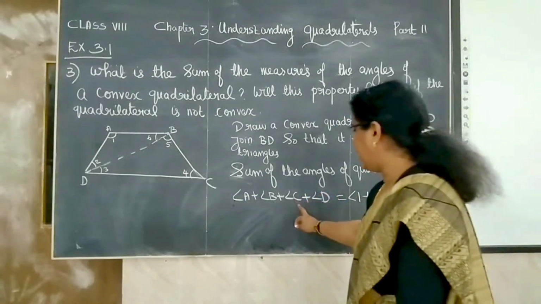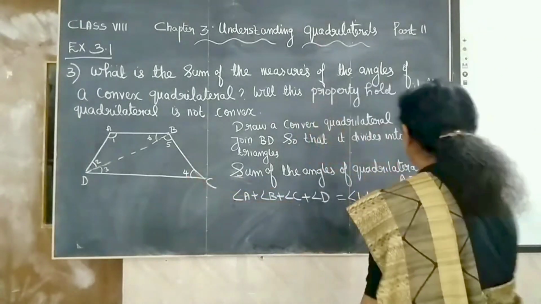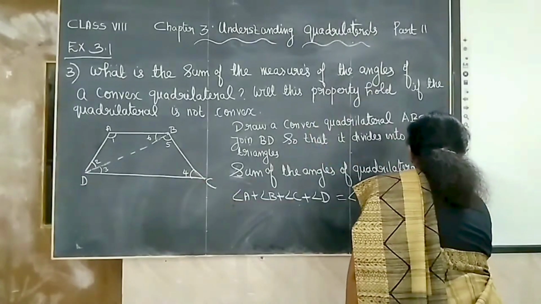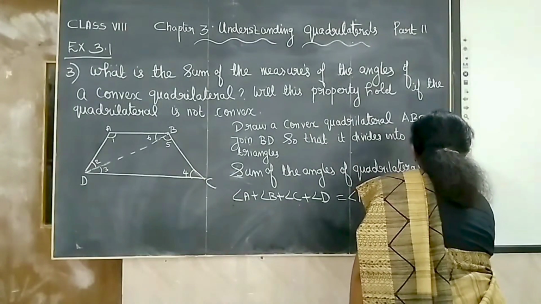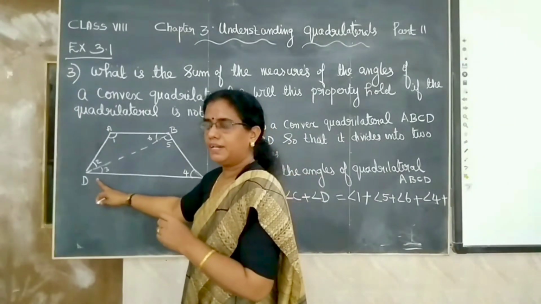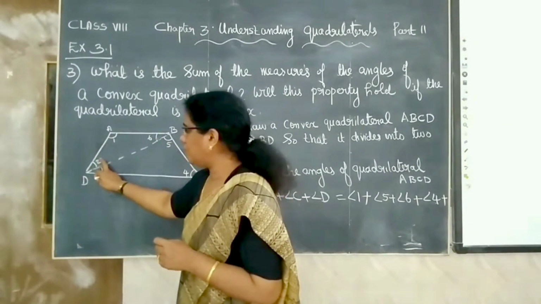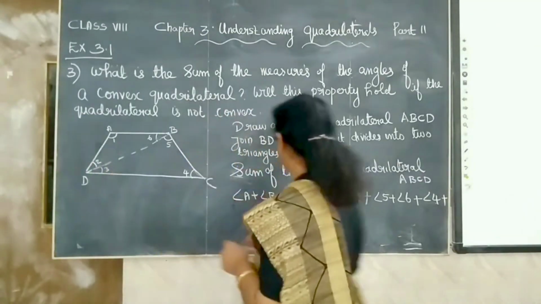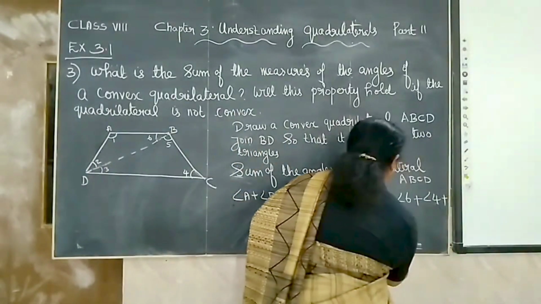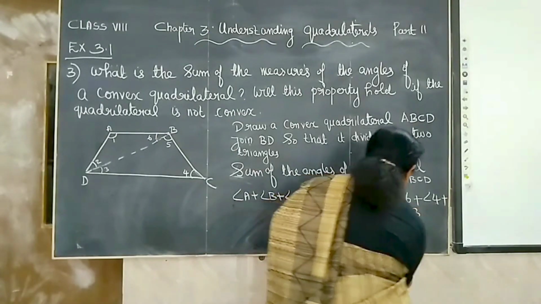Now plus angle C. Angle C is angle 4. Therefore, plus angle 4. Now angle D is this full angle, that is angle 2 plus angle 3. Therefore, here you can write angle 2 plus angle 3.